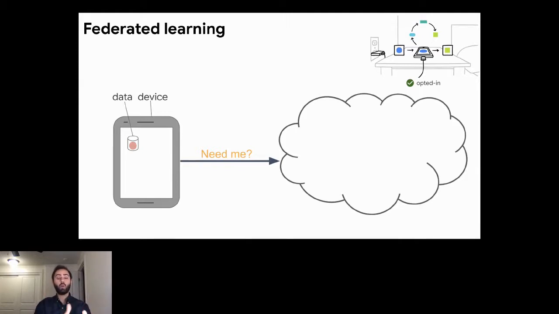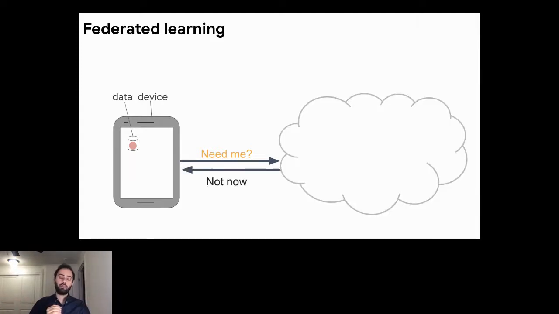So what your phone is going to do, it's going to ping our servers and say, hey, I'm available. I met all these criteria, and do you need me for any computation? And oftentimes, because we get a lot of requests, on the order of billions of requests, it's a large-scale system, the server responds saying, I don't need you, not now.